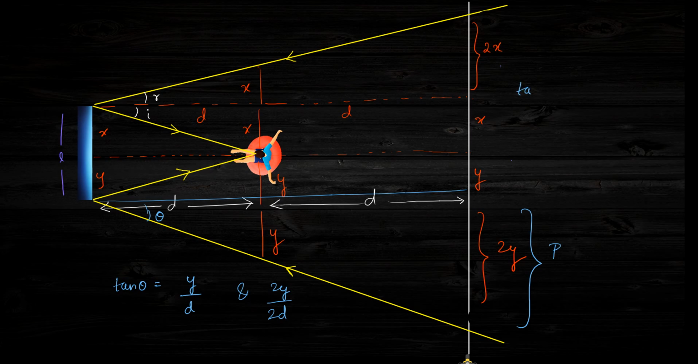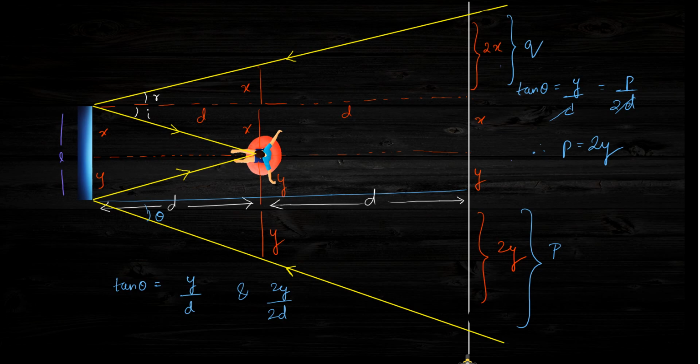Then tan theta is equal to y divided by d, and it is equal to p divided by 2d. Therefore p is equal to 2y. Similarly, if this is q, we can find that q is equal to 2x.